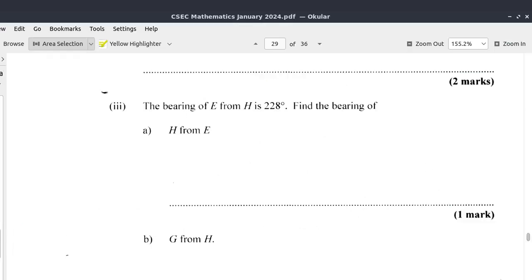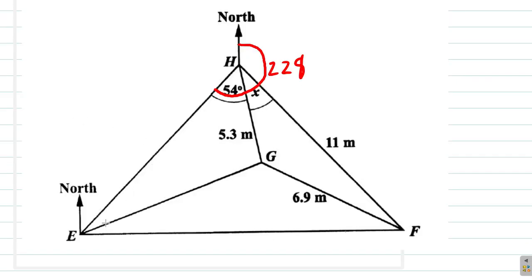Find the bearing of H from E. Now the north line is here and you're finding this angle, the bearing of H from E. Let me rewrite the 228 here.